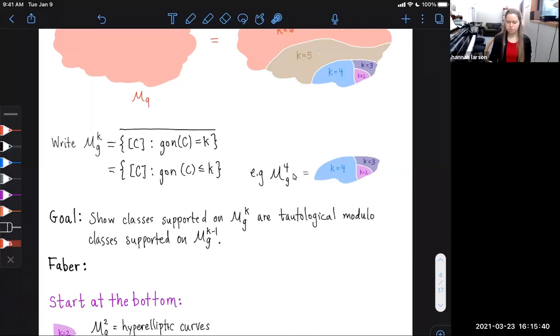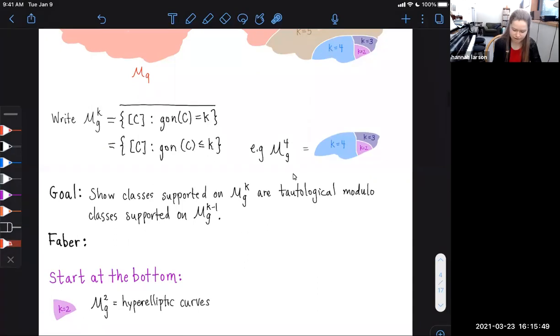And I'm going to illustrate that to you by starting at the bottom of this stratification. And a key fact that we'll use, which is due to Faber, is that the fundamental class of each of these M_g^k is tautological.